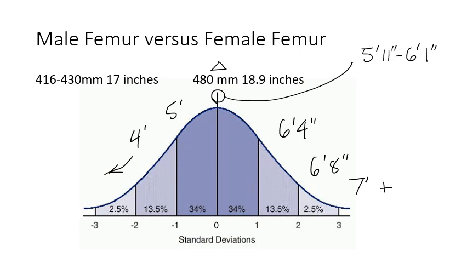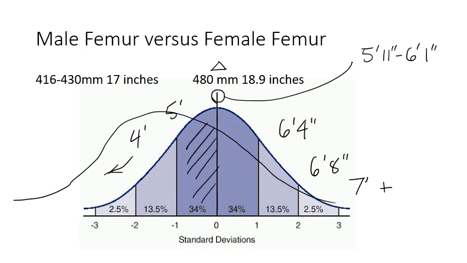Now we have to superimpose here the female average bell curve as well. Okay, and we have an area that's overlapping, a number of areas that will overlap. So the problem becomes when we look at individuals that do fit into this category, we can't simply assume that because an individual has a femur that's 430 millimeters, that it's necessarily a female.